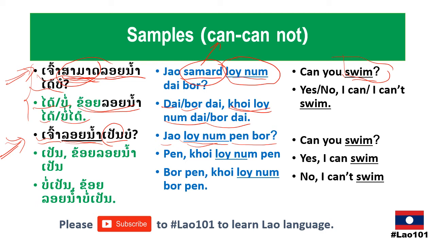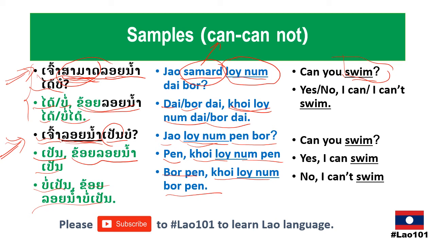You can replace this with other actions whenever you ask somebody about their ability to do something or not. When the answer is yes, you say เป็น, ข่อยลอยน้ำเป็น. Or you can say บ่เป็น, ข่อยลอยน้ำบ่เป็น, no, I can't swim.